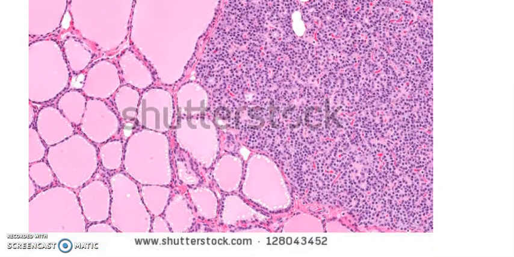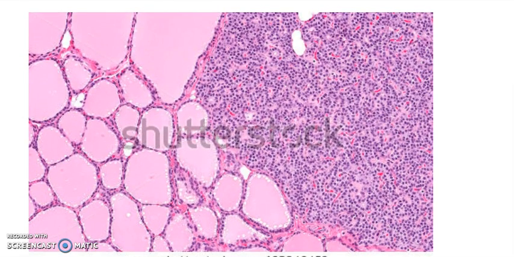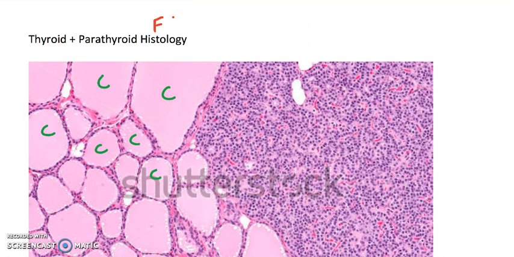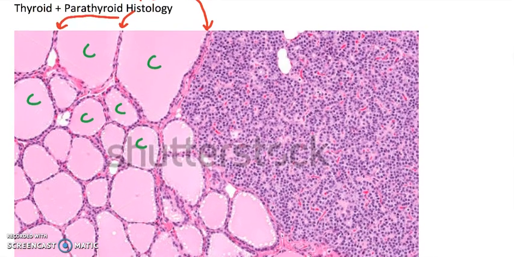So here on the left side, this is colloid, colloid, colloid, colloid, colloid, all surrounded by follicular epithelium, Fe. So there's follicular epithelium tissue. There's some right there. If you put those two together, that gives you a follicle.